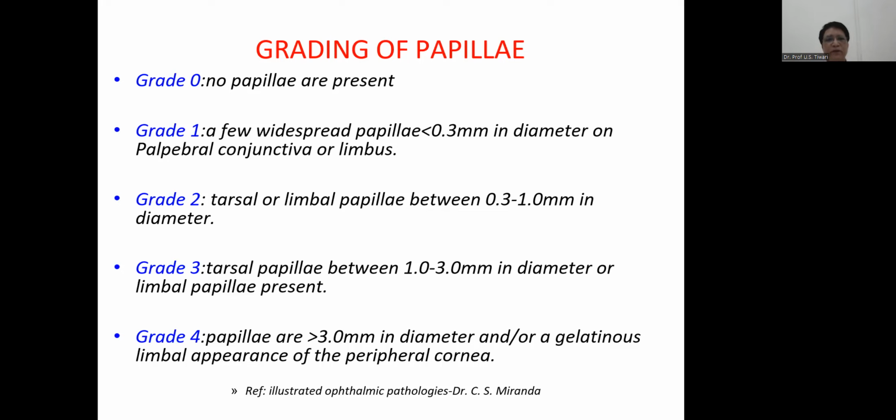Grade 2 means tarsal or limbal papillae measuring between 0.3 and 1 millimeter in diameter. Grade 3, the tarsal papillae between 1 to 3 millimeters in diameter or limbal papillae. And grade 4 papillae measure more than 3 millimeters in diameter and/or a gelatinous limbal appearance of the peripheral part. That is how we grade the severity of the papillary hyperplasia.